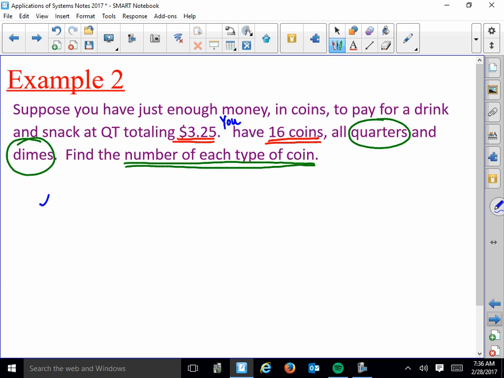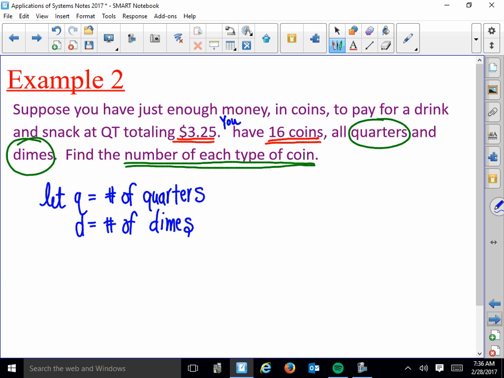So I'm going to set up and define my variables. I'm going to let Q represent the number of quarters that I have, and I am going to let D represent the number of dimes that I have. Okay.